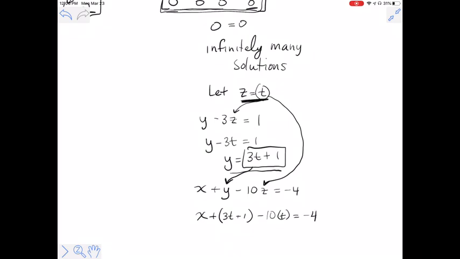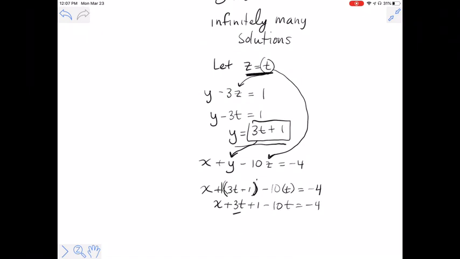And that equals -4. Now I'm solving for x, so I just need to move all the other terms to the other side. The only reason I had these parentheses in here is to make a substitution. There really doesn't need to be parentheses if there's no exponent here or if there's nothing to distribute. So it's really just x plus 3t plus 1 minus 10t equals -4.